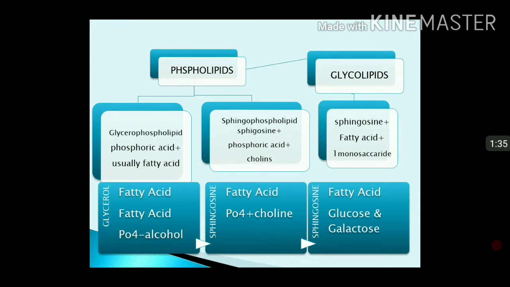In sphingolipids, phosphoric acid is present, fatty acid is present along with choline. And in glycolipids, sphingosine plus one fatty acid plus one monosaccharide sugar like glucose or galactose is present. In these glycolipids, phosphate group is not present.